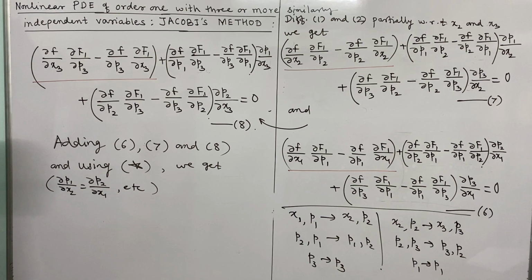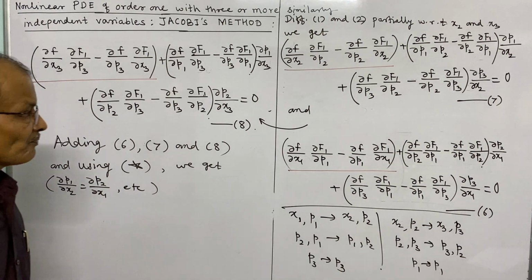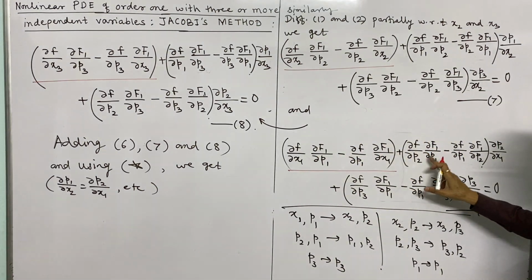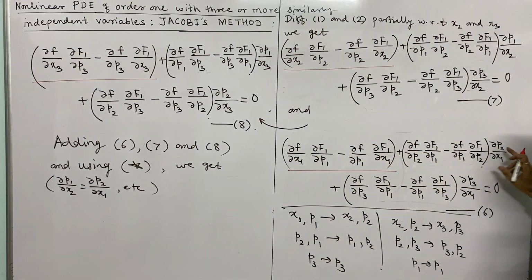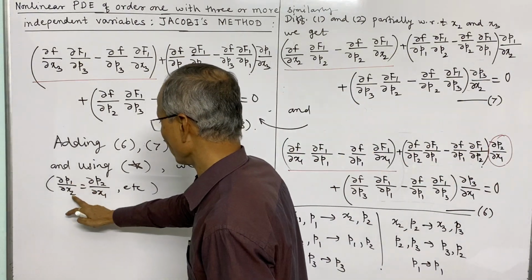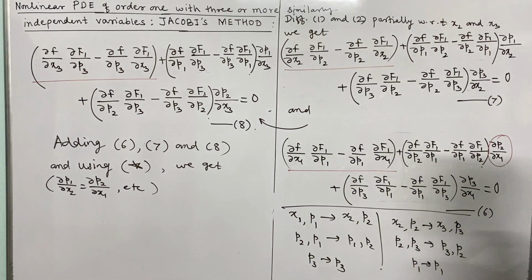And what happens to the remaining terms? Now you see, what is this term? This is ∂f/∂P2, ∂f1/∂P1, etc. And this is ∂P2/∂x1. But ∂P2/∂x1 is the same as ∂P1/∂x2. And where is ∂P1/∂x2?